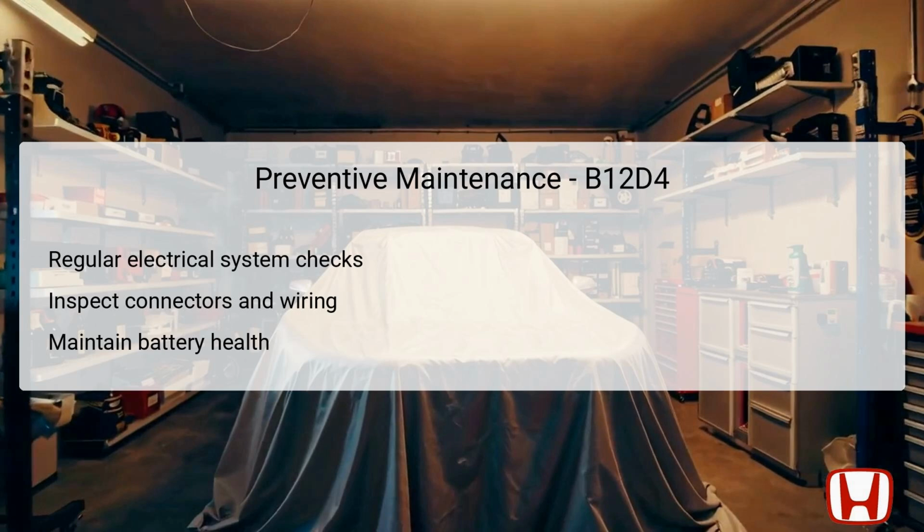Proper care of these components can prevent many electrically related malfunctions, promoting vehicle longevity and reliable performance. Just as important as resolving issues is anticipating them, and consistent preventive maintenance practices can significantly reduce the likelihood of encountering similar DTCs in the future.